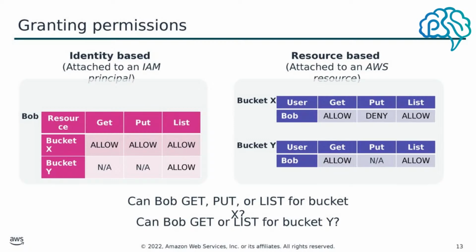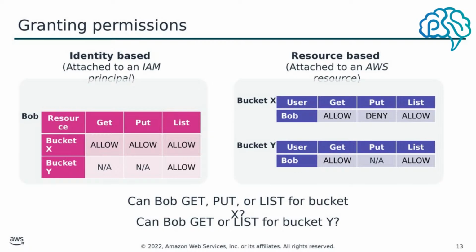The big difference is where they're applied. An identity-based permission is attached to an AWS Identity and Access Management user, and it indicates what the user is permitted to do. But a resource-based permission is attached to a particular resource, and it indicates what a specific user or group of users is permitted to do with the resource.